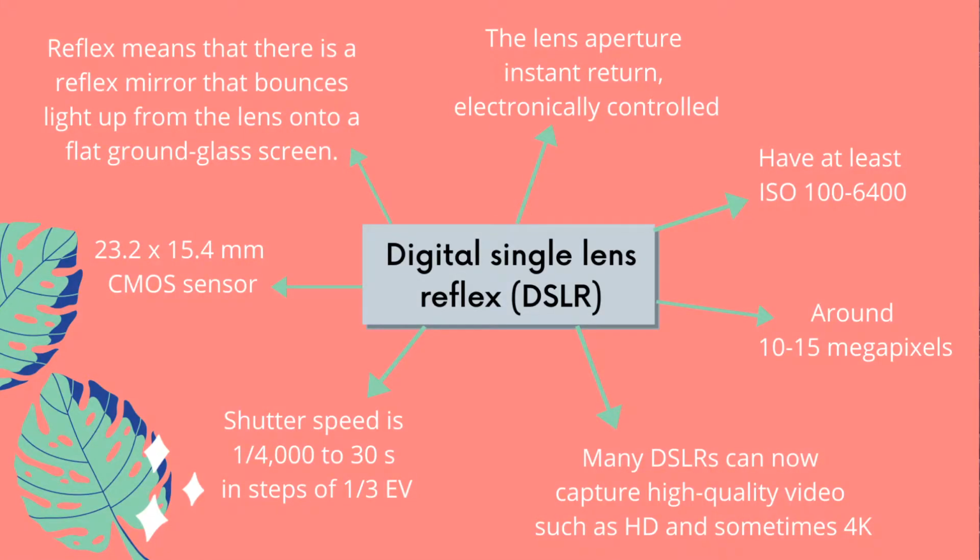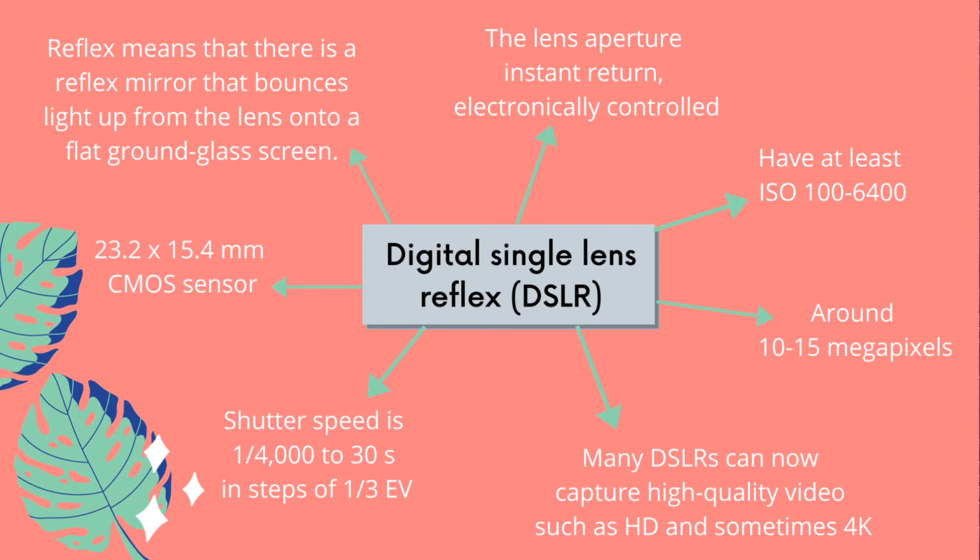The reflex means that there is a reflex mirror that bounces light up from the lens onto a flat ground glass screen, and then the lens aperture instant return is electronically controlled, so they can control the aperture, and they have at least ISO 100 to 6500, around 10 to 50 megapixels.